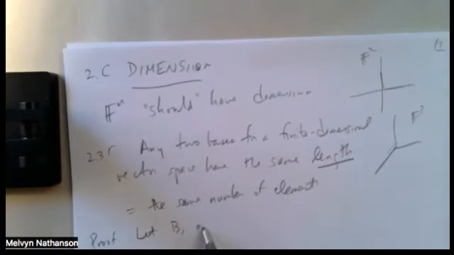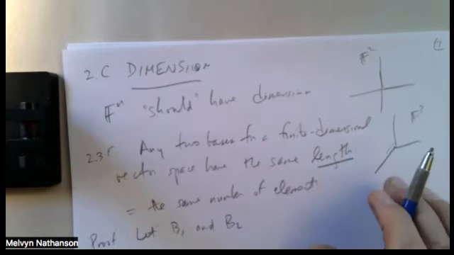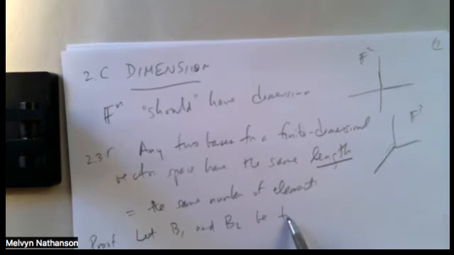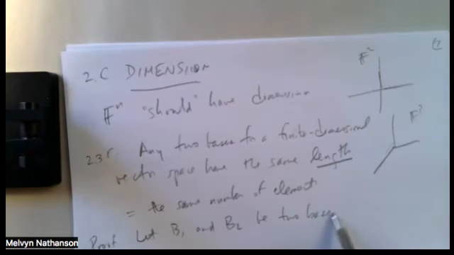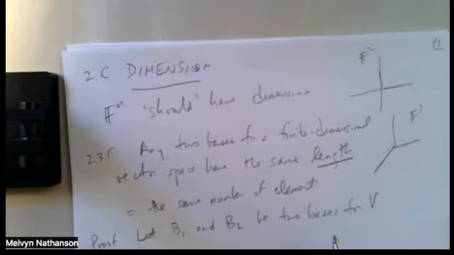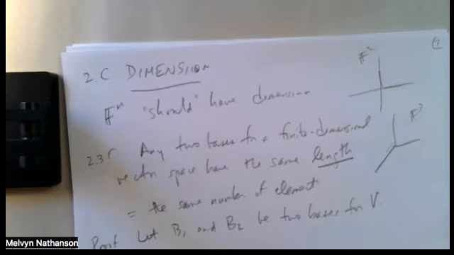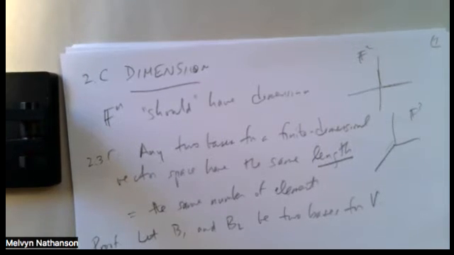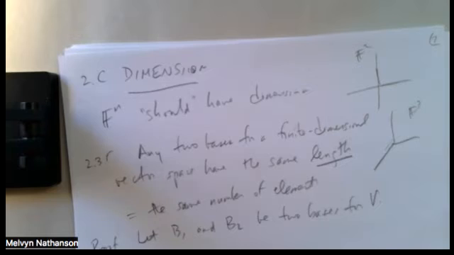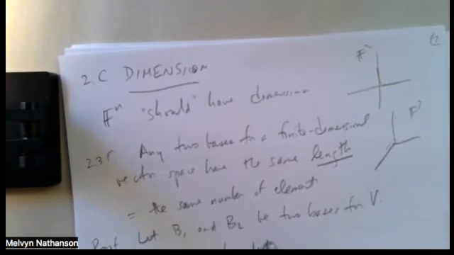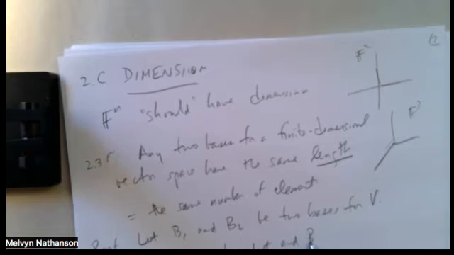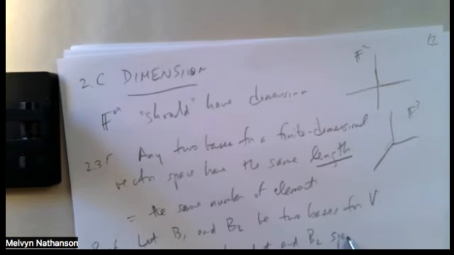So let B1 and B2 be two bases for the vector space. So B1 is linearly independent because it's a basis, and B2 spans V because it's a basis.